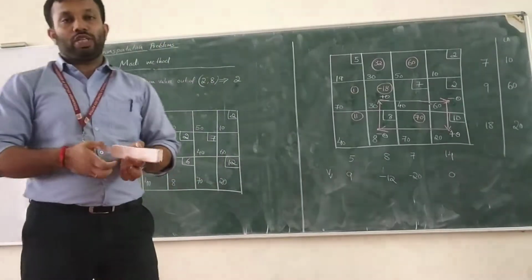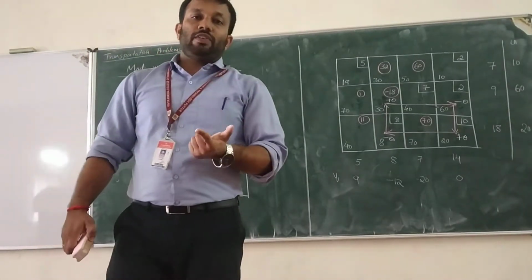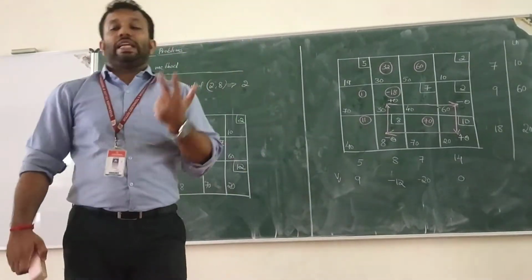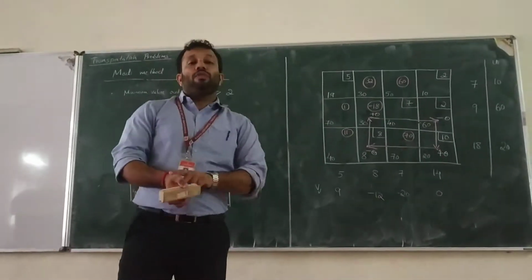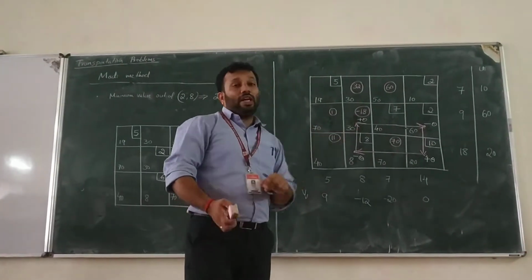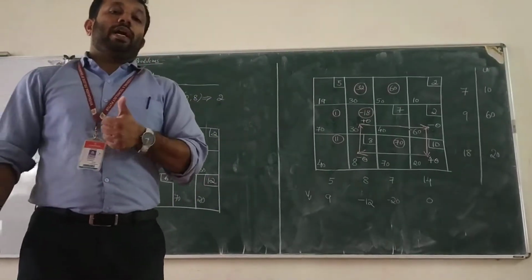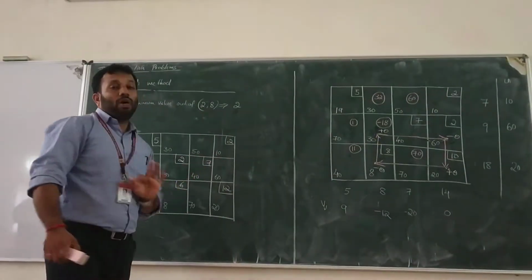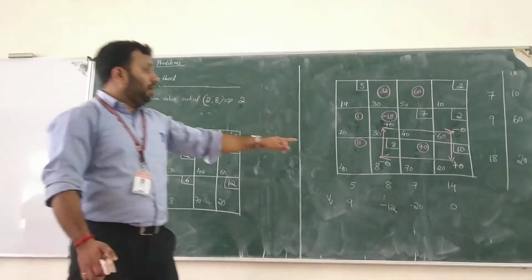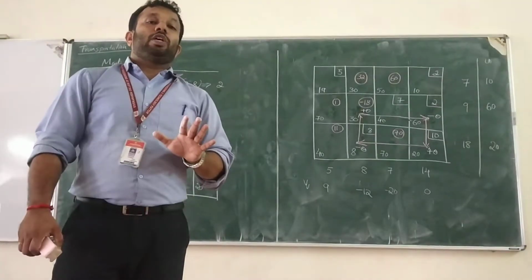Repeat the same procedure. You find out the UI value, you have to find out the VJ value, and you have to find out the DIJ value, the opportunity cost. And again, if you are looking at the DIJ values and you are getting all the DIJ values as 0 and positive, then the transportation cost we have found out is minimum, or we have modified the allocations, and that is the minimum transportation cost.